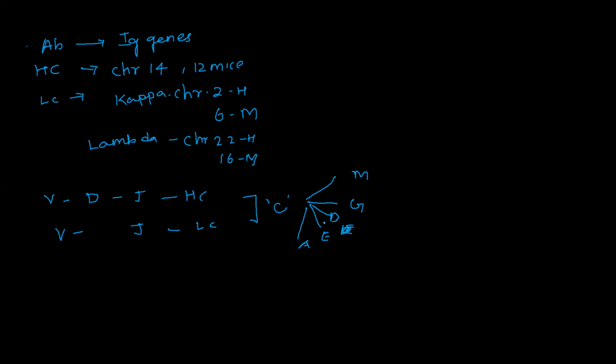Now, we need a combination of this VDJ to occur, plus we need the V and J of the light chain to occur for the antibody diversity.